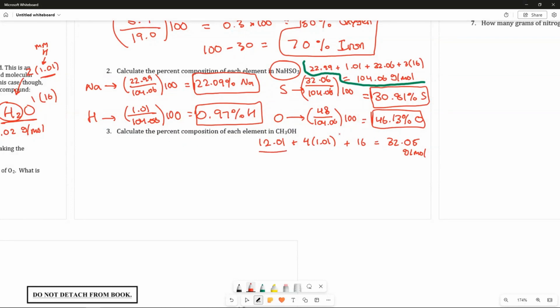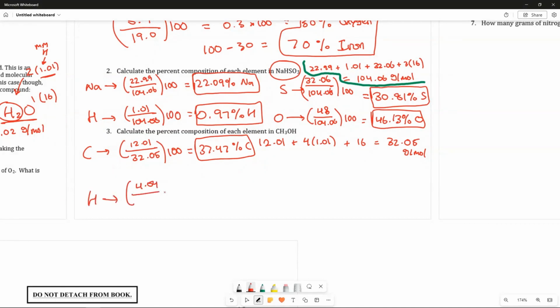So carbon, 12.01 part over whole, 32.05 times 100, which should give us 37.47% carbon. Next, hydrogen, we have 4, so 4 times 1.01 is 4.04, over 32.05 underneath, which should give us a percentage of 12.61% hydrogen.